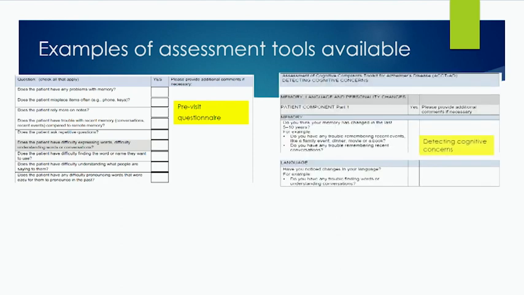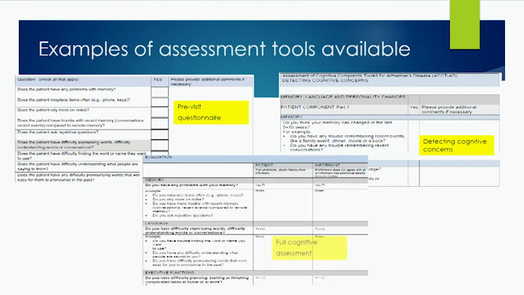Then the screening, detecting cognitive concerns, we talked about that. That one is available both in this form and the UCLA form. And the full cognitive assessment, a PDF or an editable for printing or editing, where you can take the questions and jot down notes on the patient and the informant's answers, and then use that to help you go to the interpretation manual.